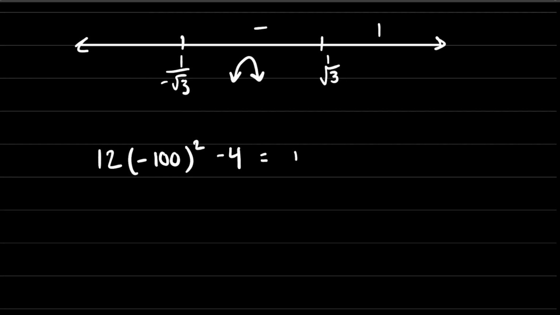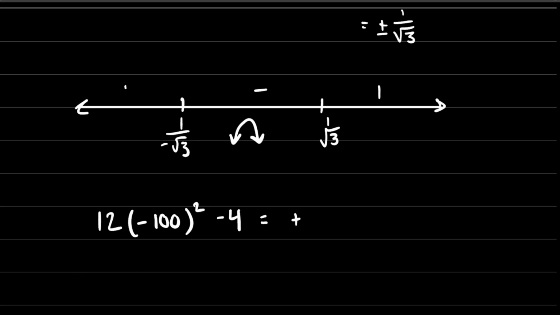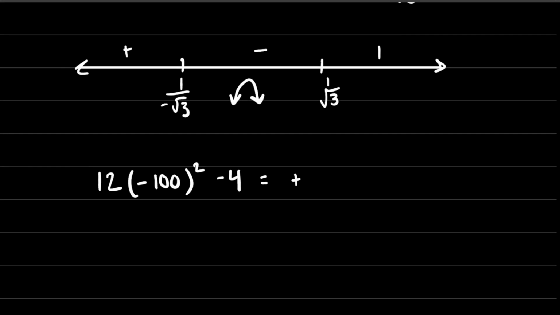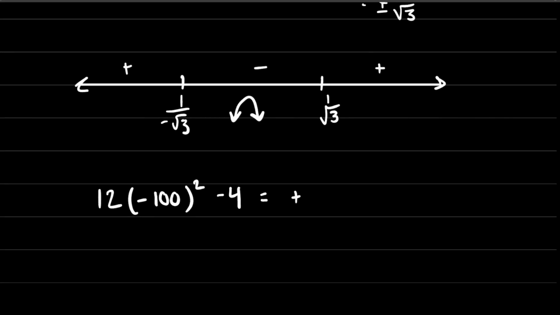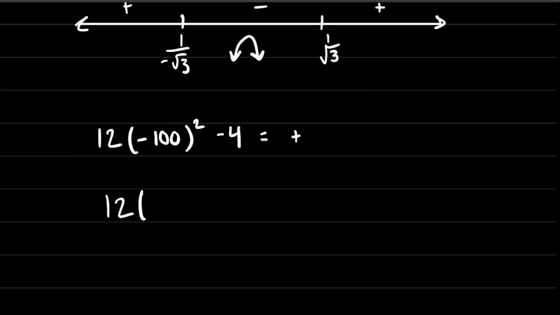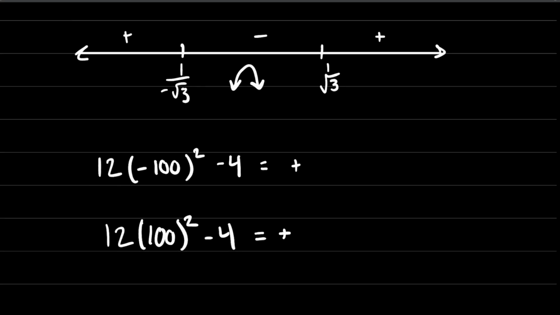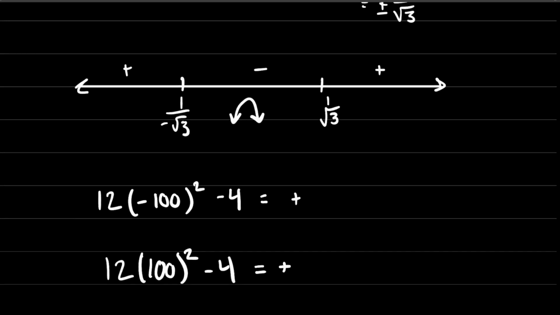So we get positive for any value less than 1 over negative root 3. And then it's also going to be positive on the other side, because if we say 12 times 100 squared, it equals the same value as this right here. So we get positive minus positive. So this is concave up, this is concave up, and this is concave down.